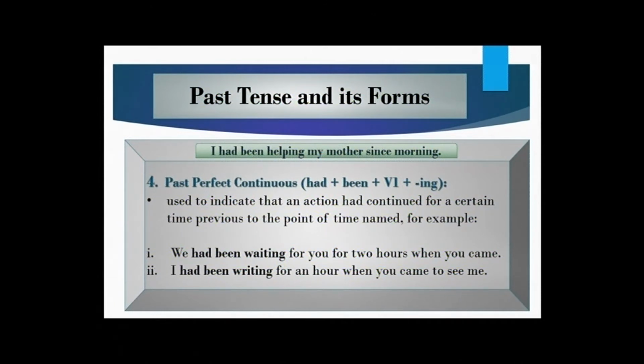In perfect continuous, you will see that there is use of the prepositions for and since. Both are used for time. Since is for a fixed time, that is a particular time, like since morning, since 12 o'clock.